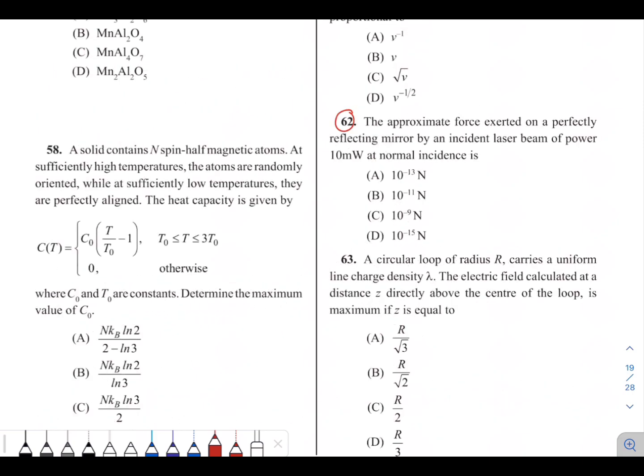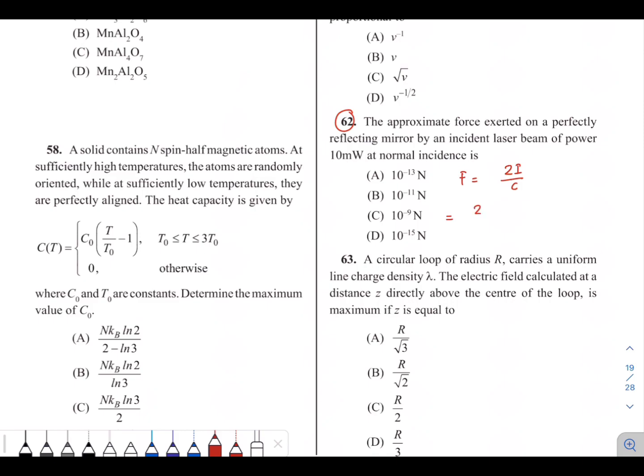Problem number 62. The approximate force exerted on a perfectly reflecting mirror by an incident laser beam of power 10 milliwatt at normal incidence is? We know the force F is given by 2 times I divided by c, where I is the intensity. Let's put those values.